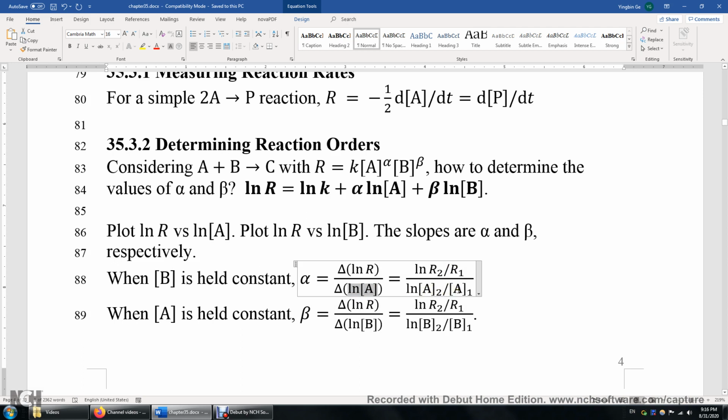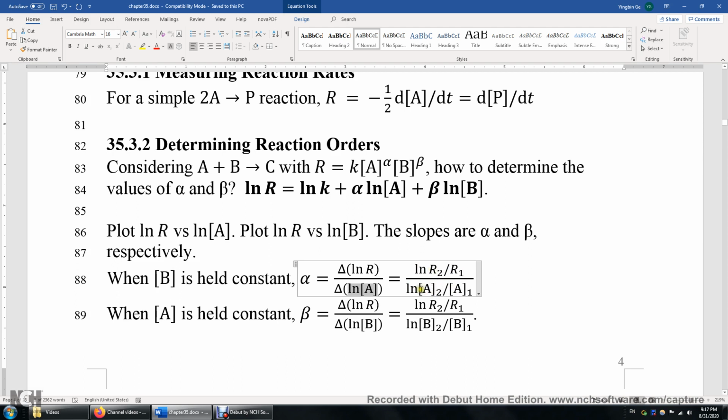So basically, if you hold b constant and then you change the value of a, you get different reaction rates. And then once you have the two different reaction rates, take the ratio and then take the logarithm of the ratio. Put it on top. Take the logarithm of the ratio of the concentrations on the bottom.